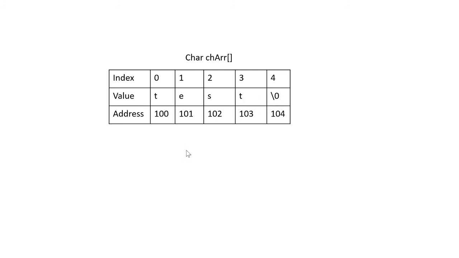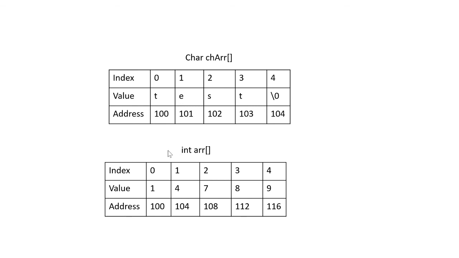If I were to declare an integer array, they still would be in continuous sequential blocks, but the addresses would vary. Since an integer takes 4 bytes of memory, assuming the first address is 100, the address of the second index would be 104, the third one would be 108, and so on.